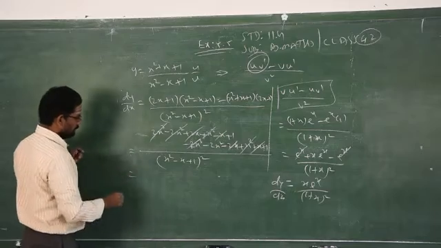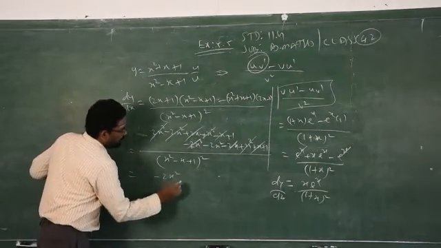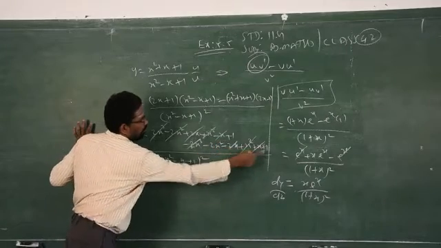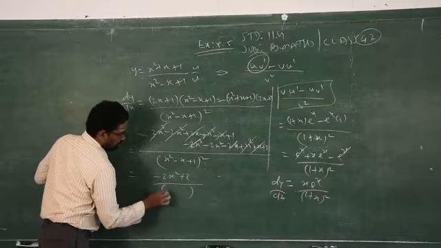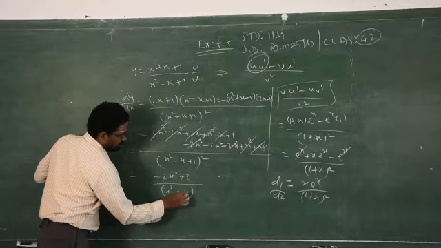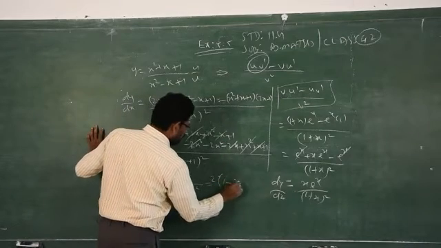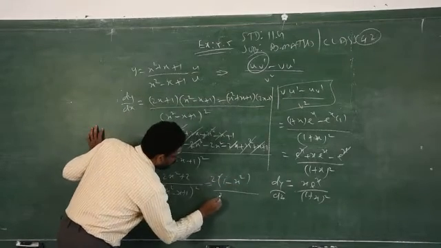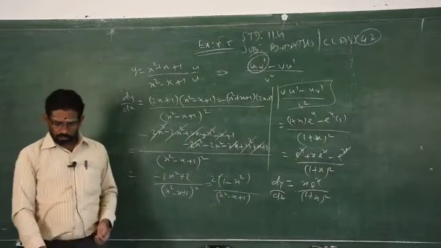So what terms are remaining in the numerator? Minus 2x square plus 1 plus 1, that is plus 2, over x square minus x plus 1 the whole square. So we can take a common factor, 1 minus x square by x square minus x plus 1. Clear? So this is your answer.